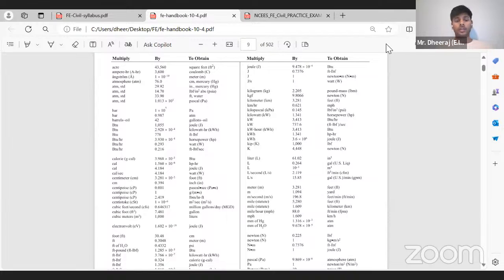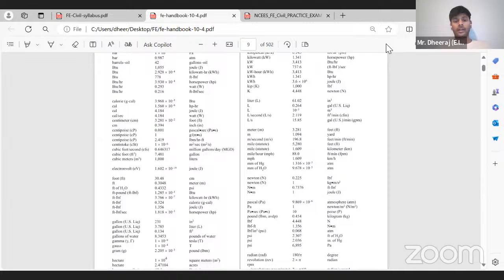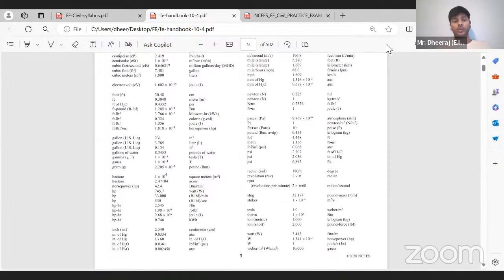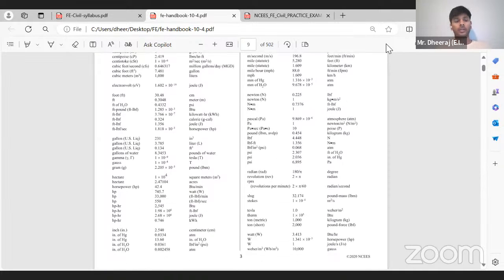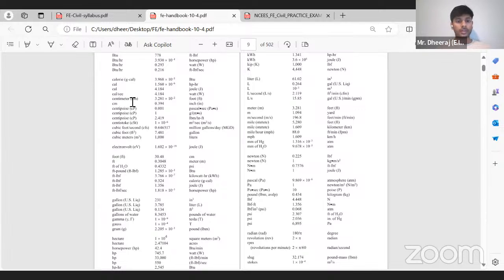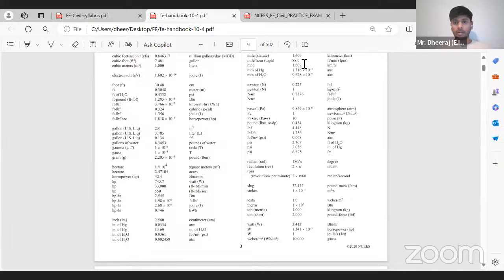They give you some units and ask in other units. So use this table and try to understand it while preparing for the exam. See the conversions, like centimeter to foot or miles per hour to feet per minute.